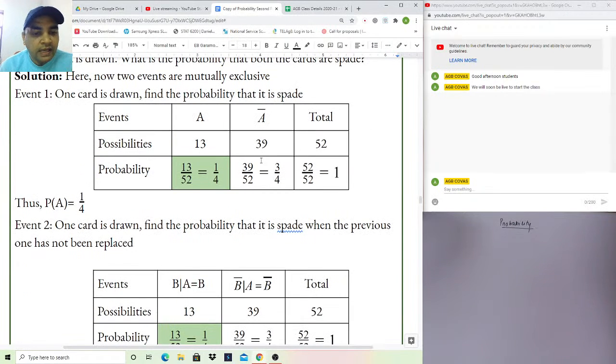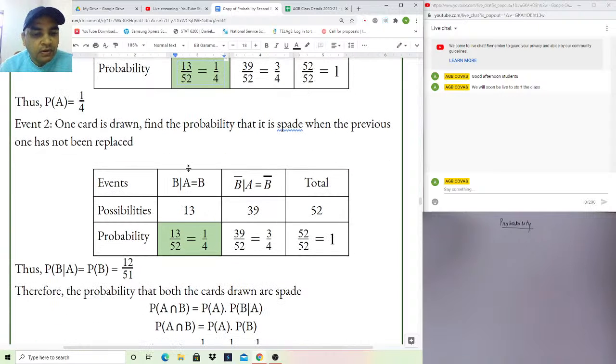So again for the first event it is 1 by 4. But for the second event, because now it has become mutually exclusive, it does not depend on the occurrence of A. So B given A will be equal to B. Conditional probability of B now does not depend on the occurrence of A. So it is simply P(B).